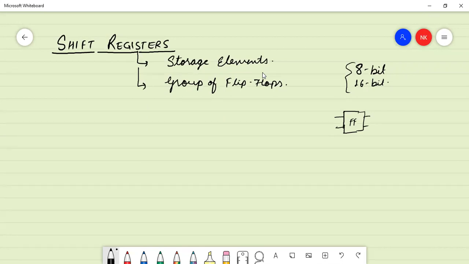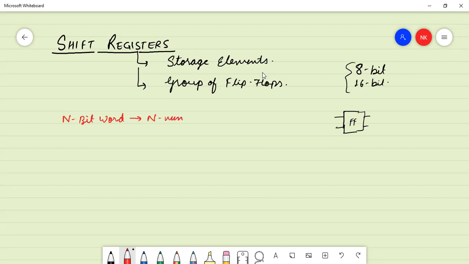So a register will store a number of bits, and that will depend upon the number of flip-flops. If we have an n-bit word, then for storing this n-bit word, we need n number of flip-flops.